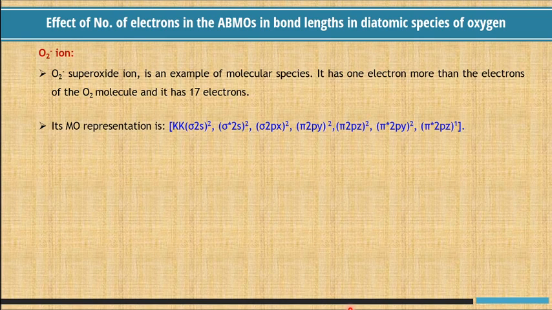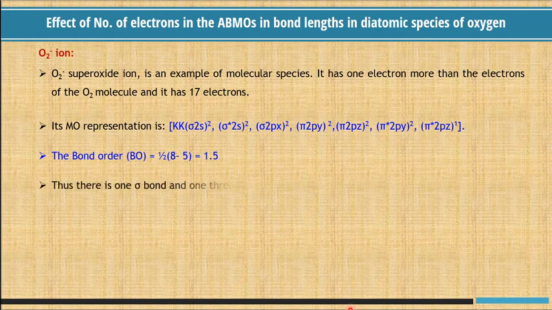Its molecular orbital representation is KK sigma 2s2 sigma star 2s2 sigma 2px2 pi 2py2 pi 2pz2 pi star 2py2 pi star 2pz1. The bond order of the O2 minus ion can be calculated as 1/2 into bracket 8 minus 5, that is 1.5.